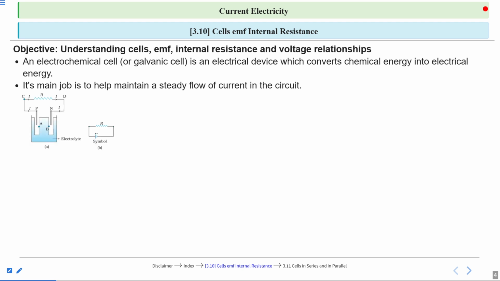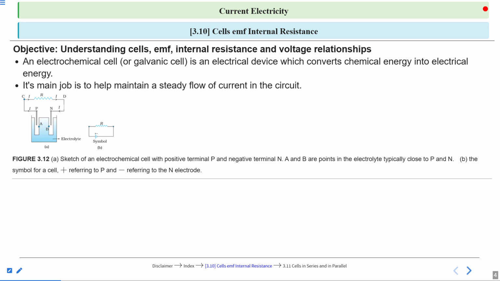This is the diagram for an electrochemical cell. There is an electrolyte, and two electrodes are dipped in this electrolyte solution, and a resistance R is connected across the two electrodes. Its symbol is given in part B of the diagram.